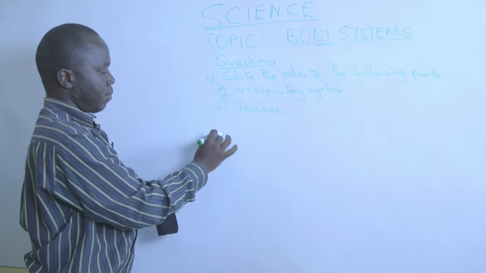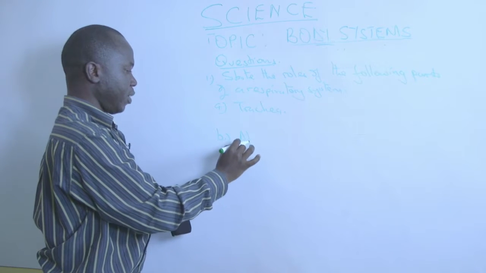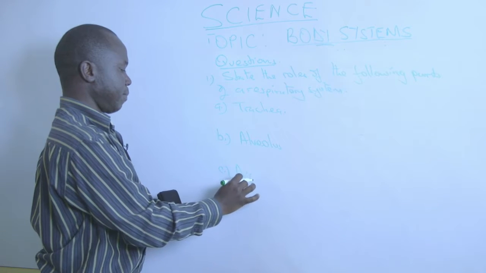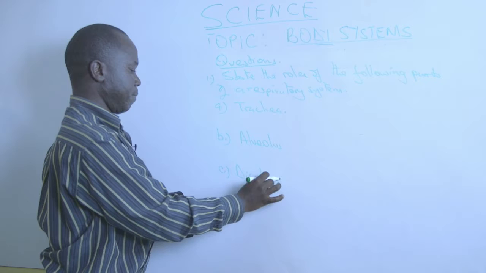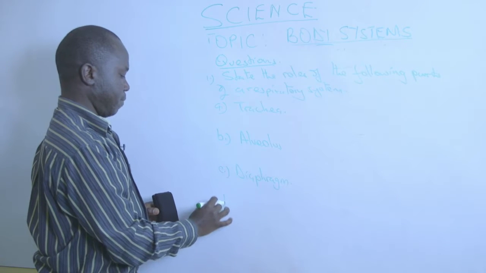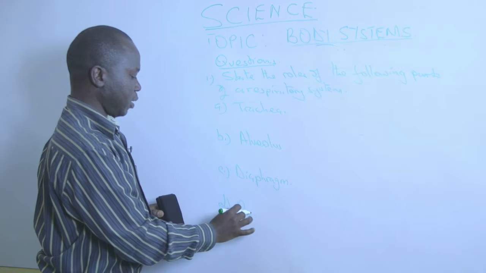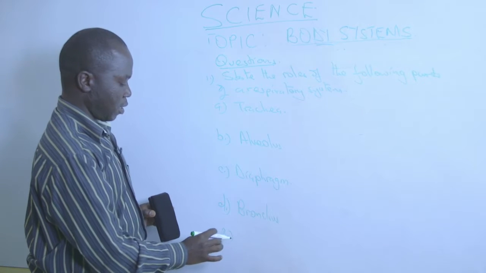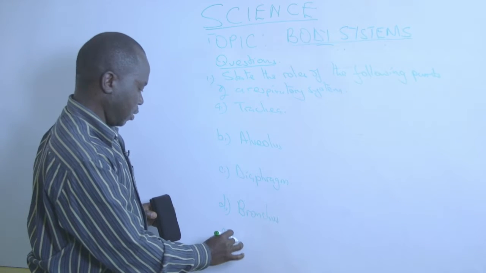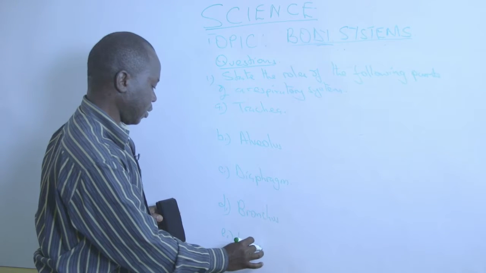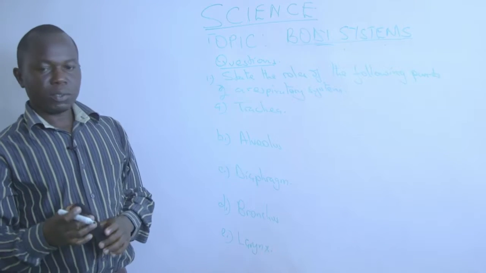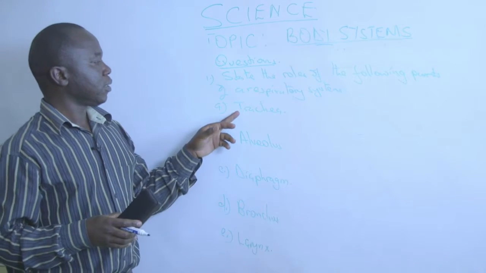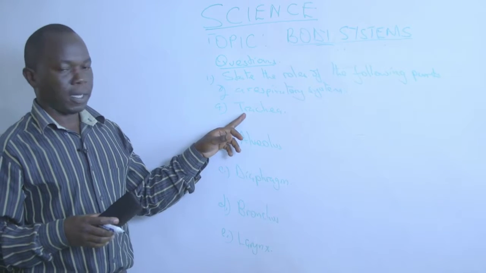We have trachea, the alveoli, diaphragm, the bronchus, and then E, the larynx. So we can go through the question together: state the roles of the following parts of a respiratory system, trachea.